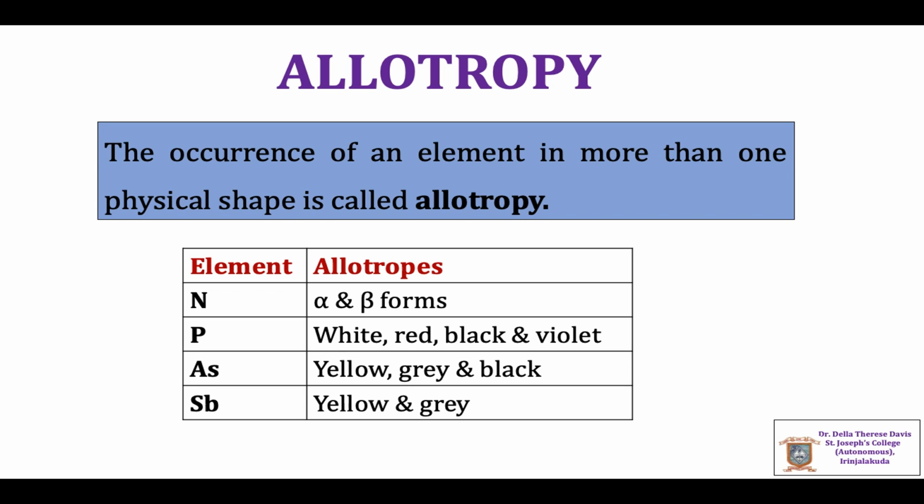Nitrogen exists in alpha and beta forms at very low temperatures. Phosphorus exists in 4 different forms: white phosphorus, red phosphorus, black and violet phosphorus. Arsenic also exists in 3 different forms and antimony in 2 different forms.